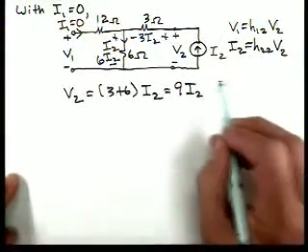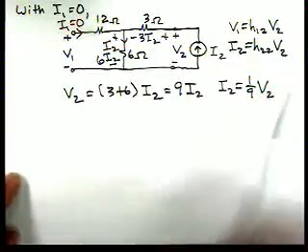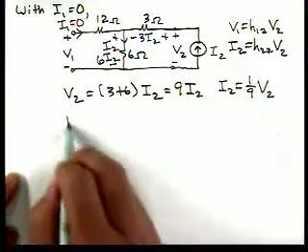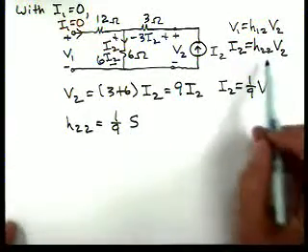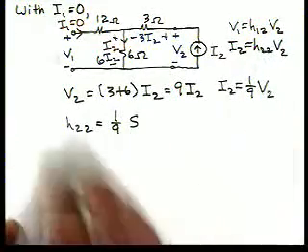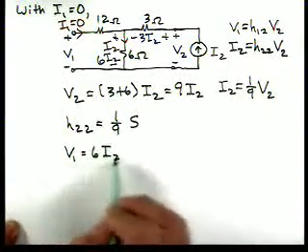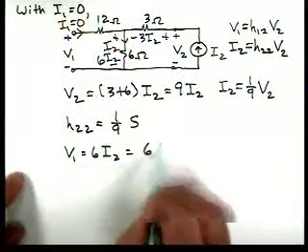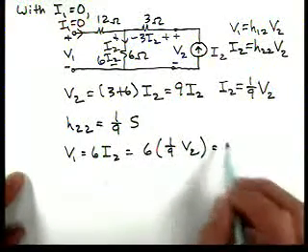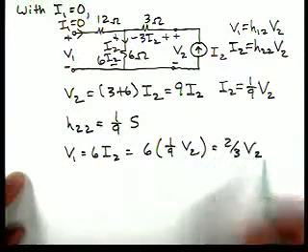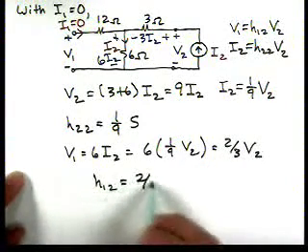So then I2 is 1/9 V2. So if we look, then H22 is 1/9 Siemens. There's the relationship there. Now, by Kirchhoff's voltage law, V1 is 6 I2, which is 6 times 1/9 times V2, which is 2/3 V2. So then H12 is equal to 2/3.